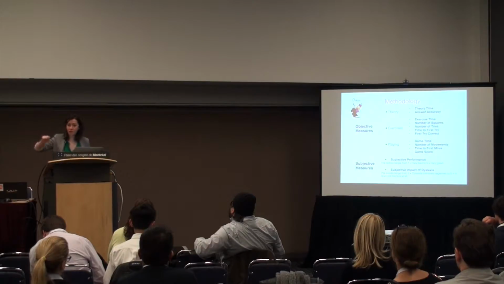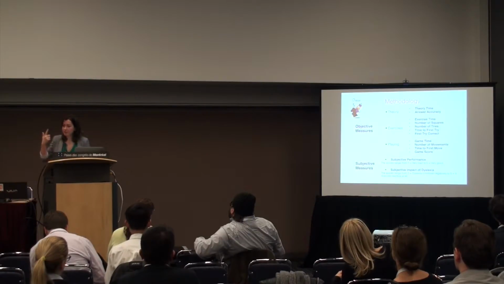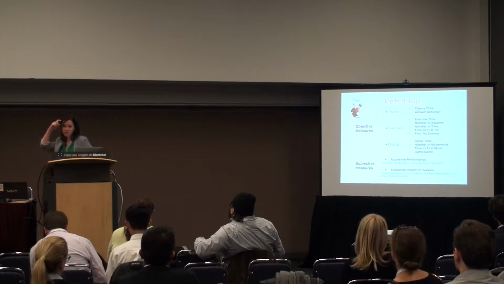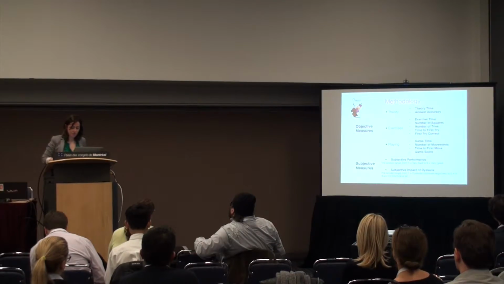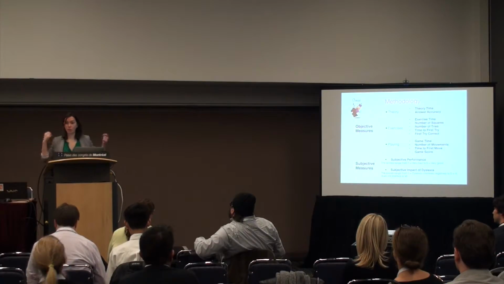We measured the number of squares that the mouse goes over, because in chess this is a performance measure, and the number of tries for the exercises and for the answers, the time they spent before the first try, thinking before they move the mouse, and how many times the first answer that they gave was the correct answer.